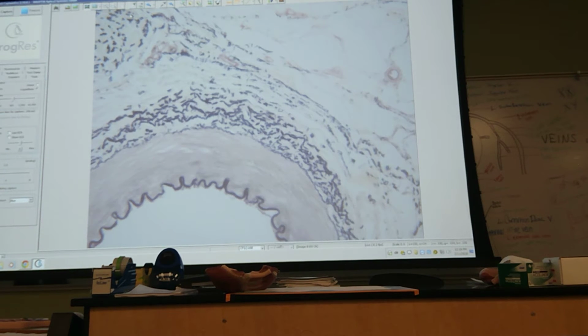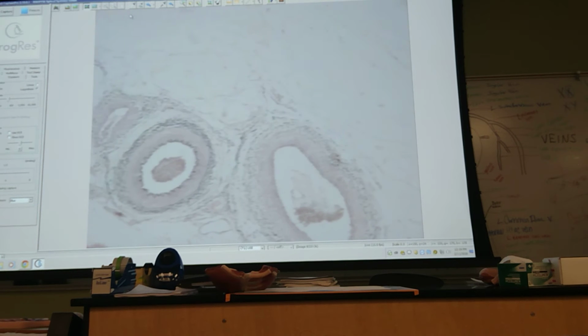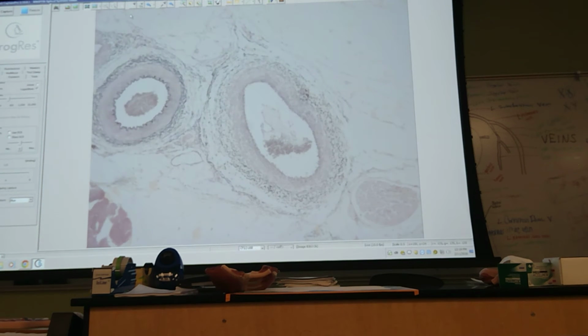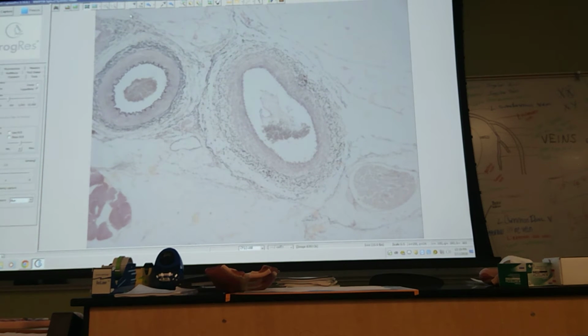We good? All right. The vein was, if you remember, right next to it. Here it is. Veins can typically be larger. Arteries are very often, most often, roundish. Veins can have all kinds of wacky shapes. This one's a little bit elongated.